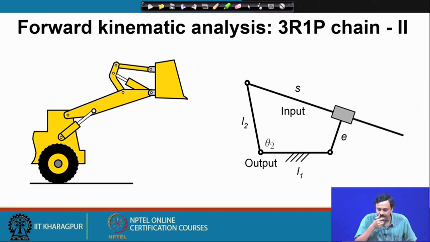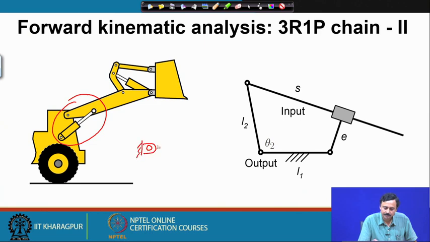With this understanding, let us see where this kind of chain appears. I have taken this excavator example. If you see here, the kinematic diagram is like this.